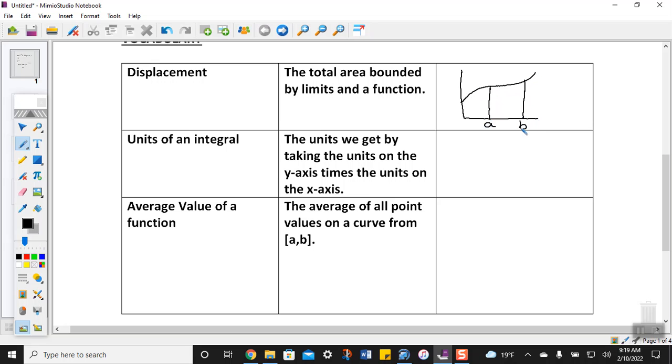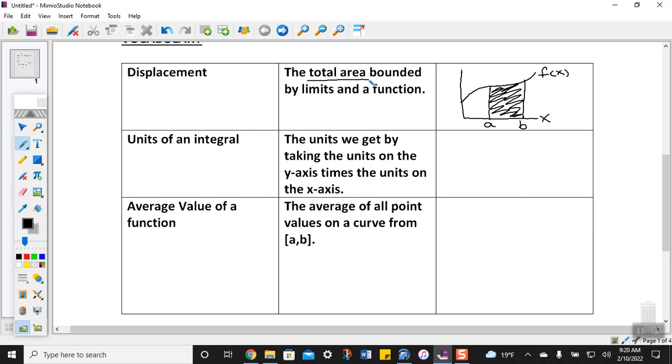Then the total area bounded by the x-axis and a function f of x, along with our lower and upper limit of a and b, would be just this area right in here. Okay? So that is my displacement. We're talking about a total area. Displacement's nothing more than a what, kids? Total area.